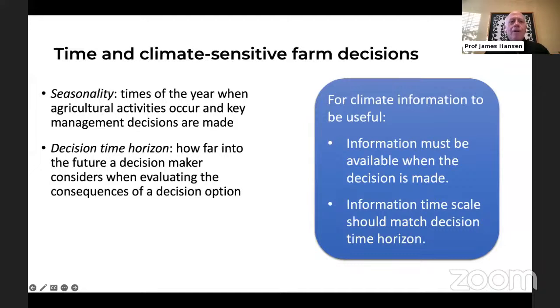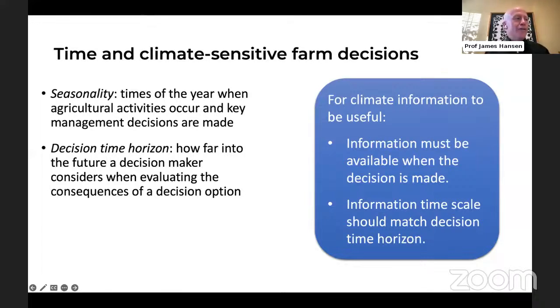So if you know something about the seasonality and the time horizon of farmers' decisions or the decisions of other agricultural decision makers, give some insights about climate information that may be useful. For climate information to be useful, number one, that information must be available when the decision has to be made. And number two, the time scale of the information should match the time horizon of the decision.